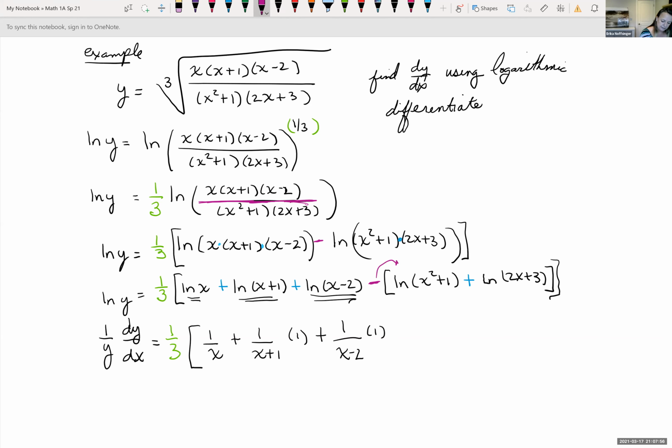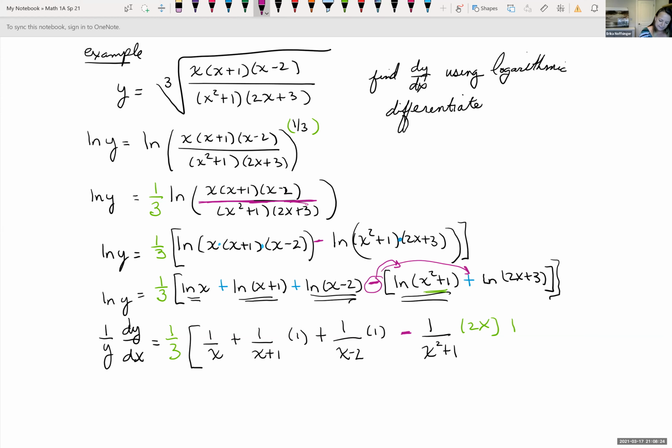minus the natural log of x squared plus 1. That's 1 over x squared plus 1 times the derivative of the inside, though. So derivative of this inside would be 2x. Plus, actually not plus, because of this negative sign, it has to be distributed.